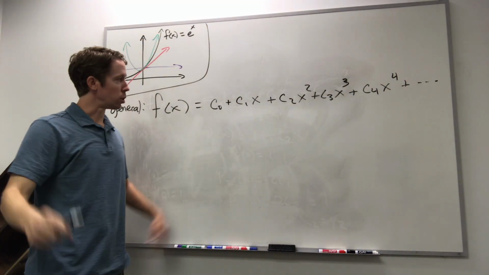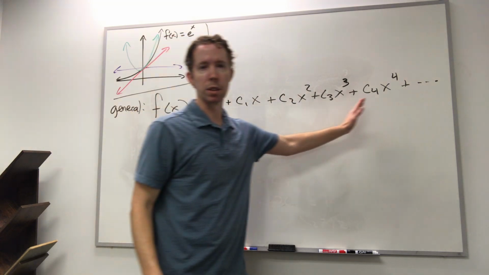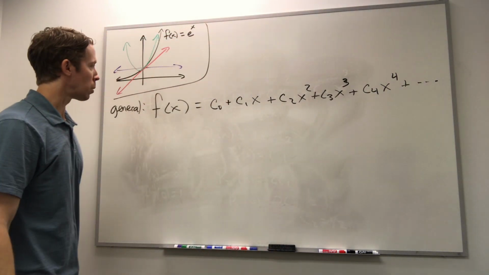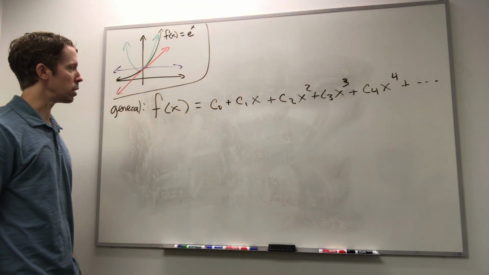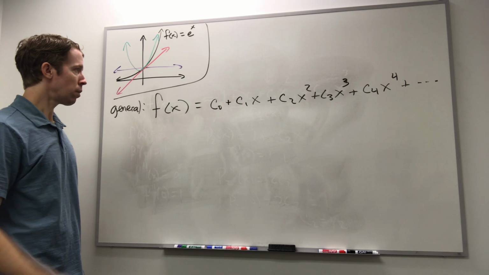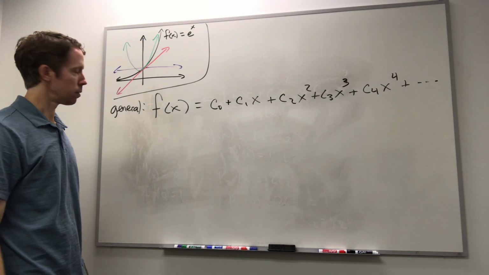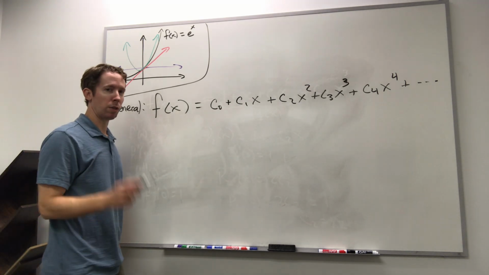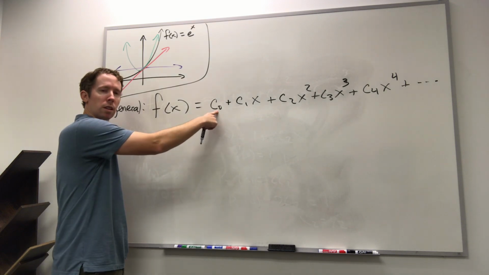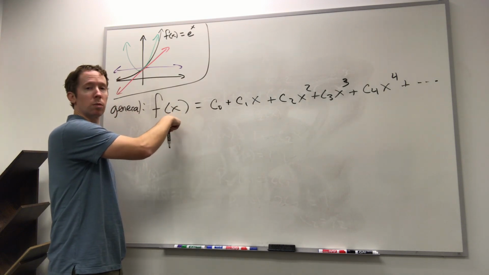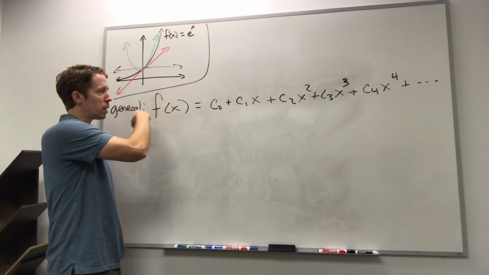And what I want to do is show you the pattern for finding these constants. I'm claiming that it can be done pretty easily for all the constants. There's a nice pattern. So the first insight is we can always get this constant by just plugging in x equals 0.